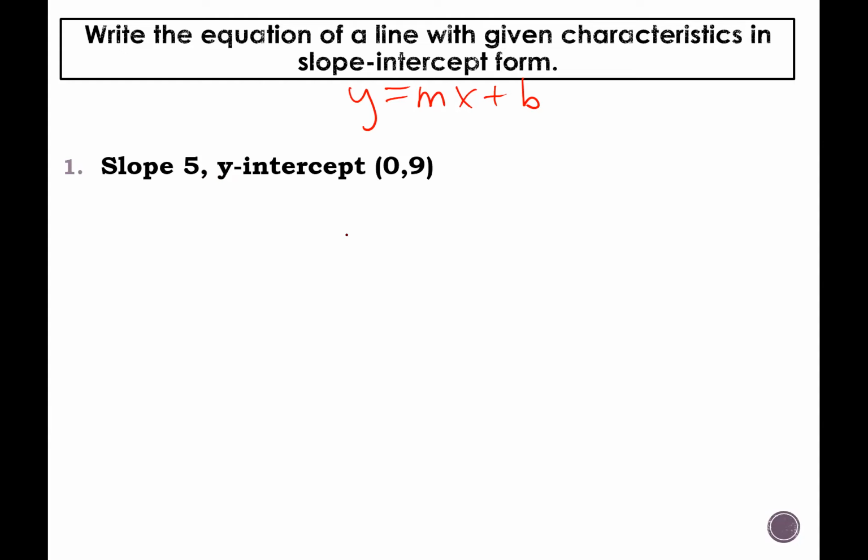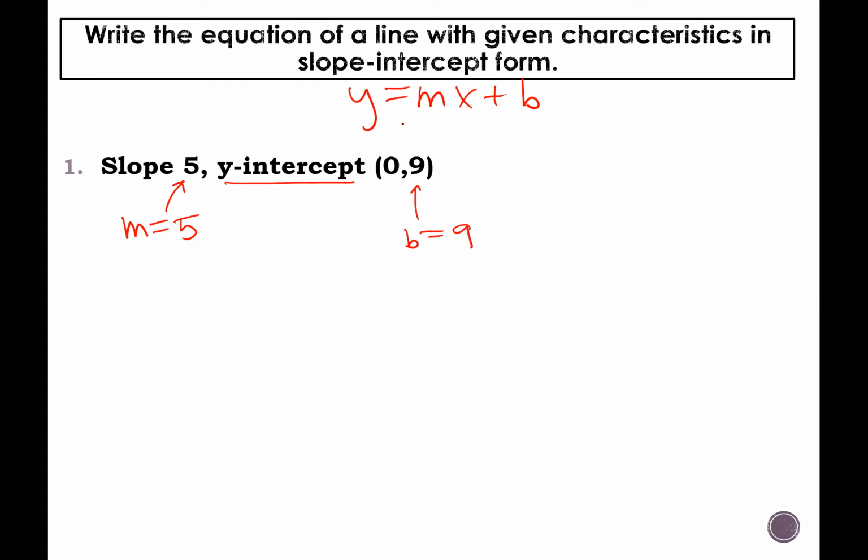Okay, so what does that mean? Well, the slope of our line is 5, so that means m is 5. So we're not quite sure what equation we're plugging into yet, but whatever it is, we can replace m with 5. And then we're given the y-intercept in this case. So we are given b. Our y-intercept (0, 9), that means b equals 9. So this is kind of the easiest of the examples.